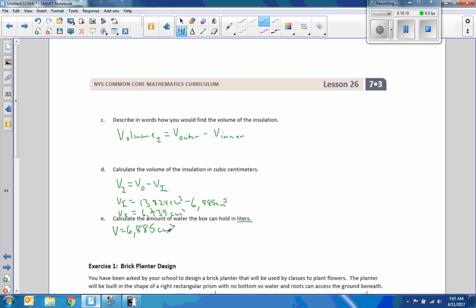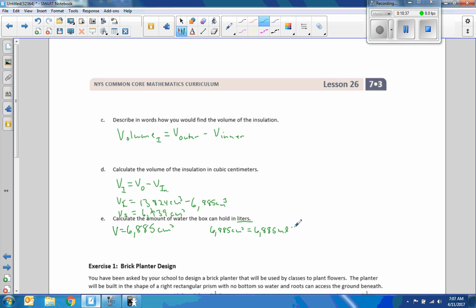So a liter, what we're going to do here is take 6,885 centimeters cubed. That is going to equal 6,885 milliliters. Okay, a cubic centimeter is a milliliter. Well, a liter is 1,000 milliliters.